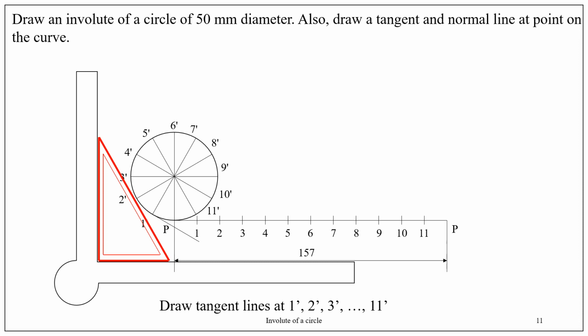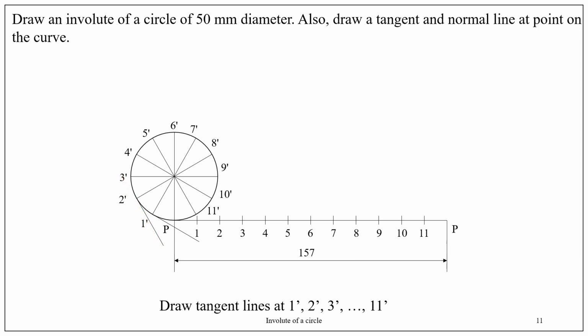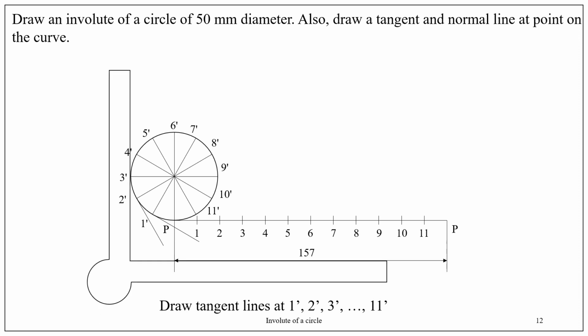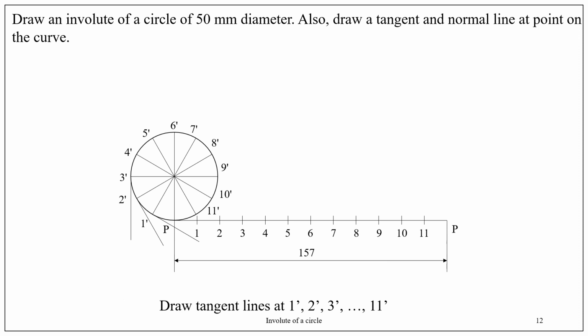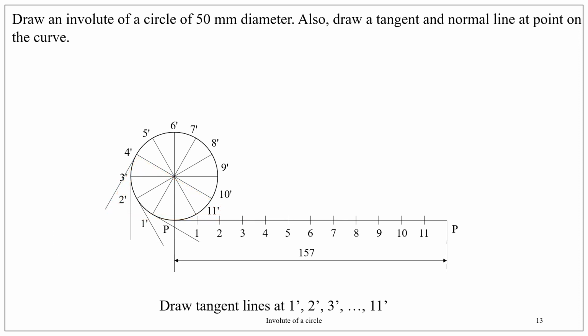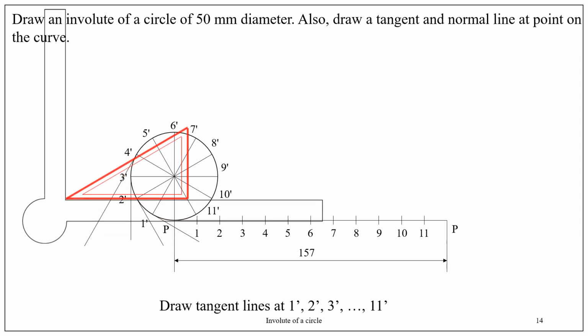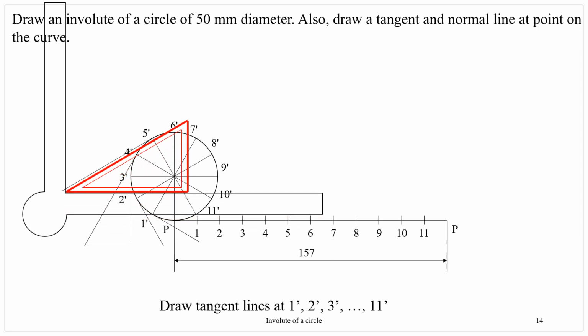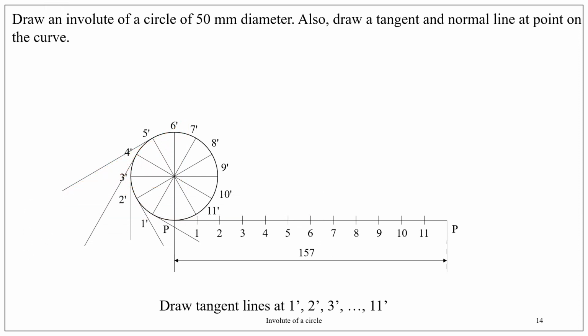Through point 2 dash, draw a line like this. Through 3 dash, don't use a set square, simply use the vertical scale of the drafter and draw like this. Through 4 dash, draw like this. Through 5 dash, draw like this.